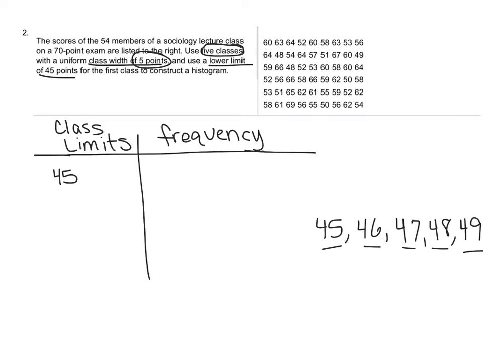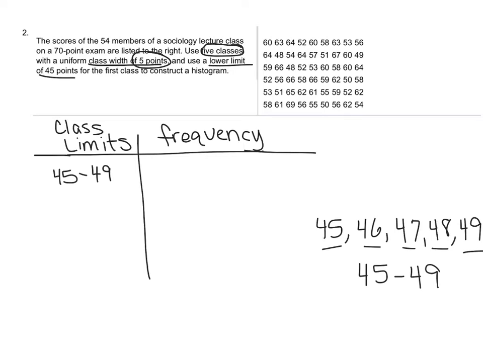So my limit is going to range from 45 to 49. And again, that's because it's encompassing only 5 numbers at a time. So my first class limit is going to be 45 to 49. And this is just a grouping.